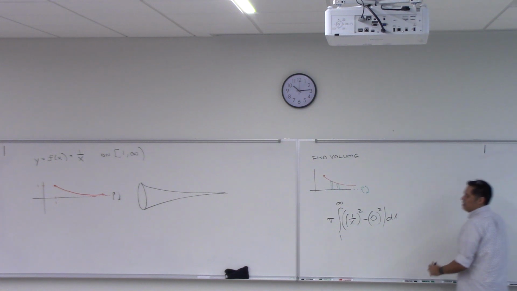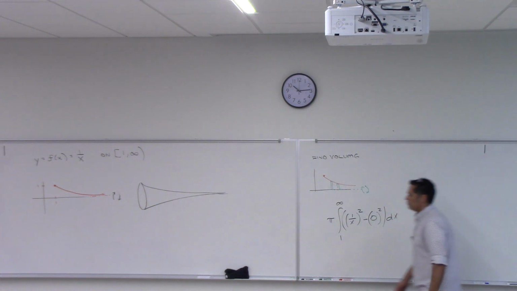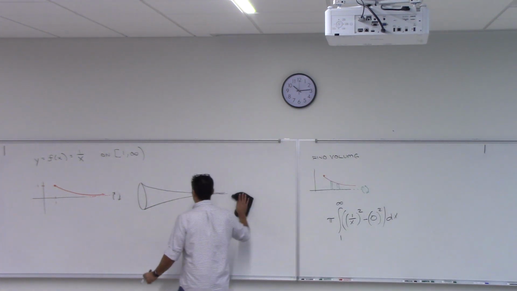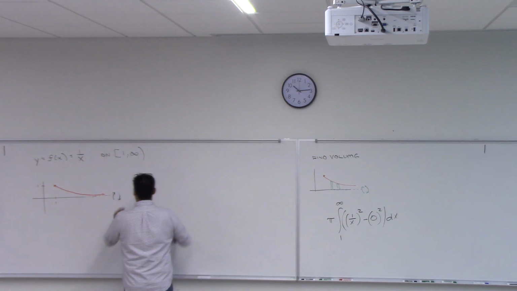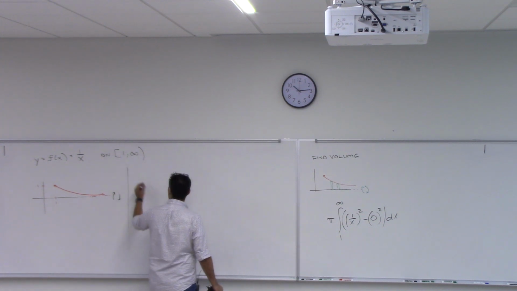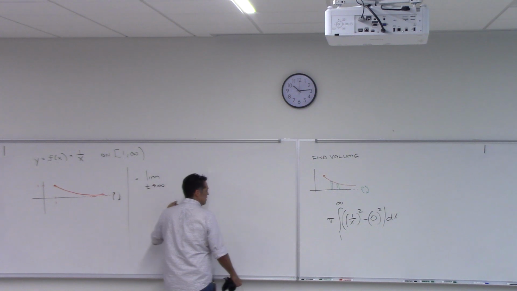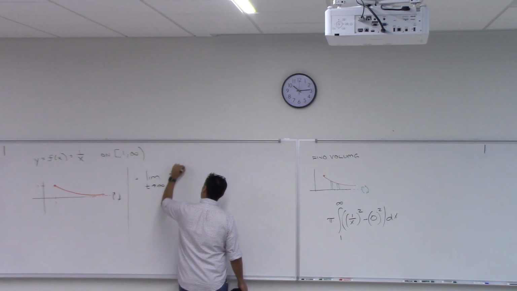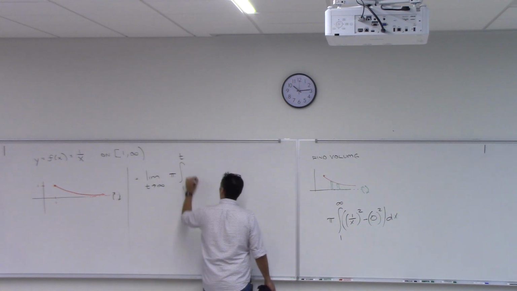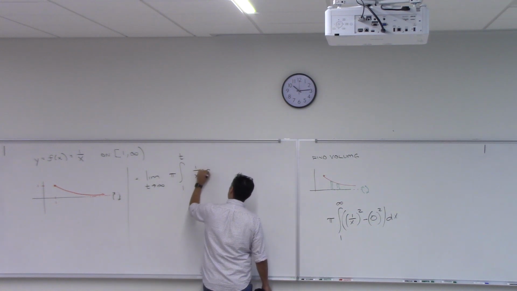All right, this becomes pi. Let's do it this way. Limit as t goes to infinity of pi times the integral from 1 to t of 1 over x squared dx.